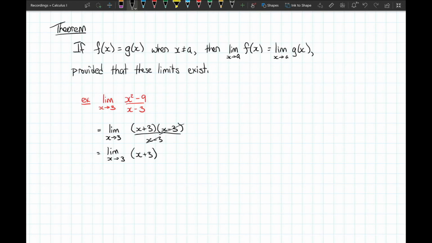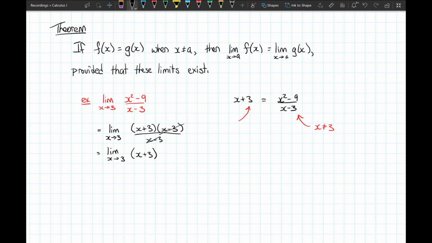The only difference between x plus 3 and x squared minus 9 over x minus 3, we might say that those two are equal, except that in the function on the left-hand side, x cannot equal 3. And in the right-hand side, well, if you plug in 3, it just ends up equaling 6. So these two functions evaluate differently when x equals 3, but that's okay. They are identical for every other value.